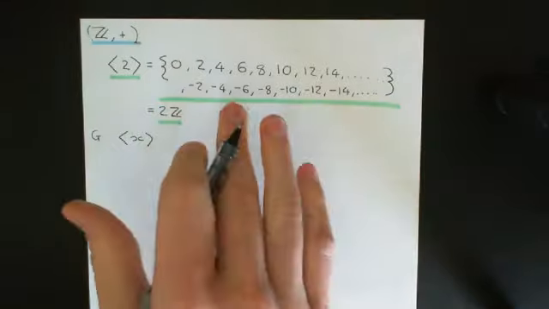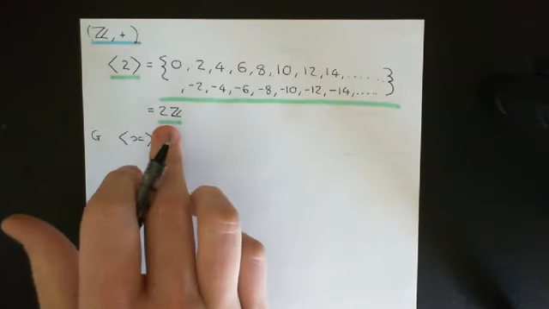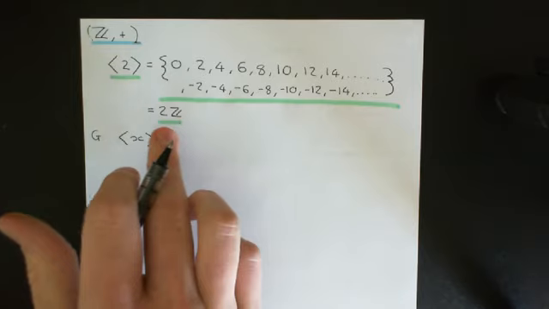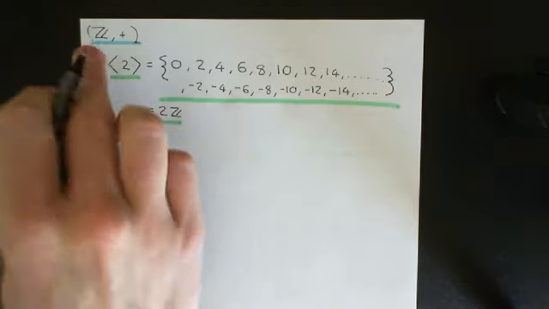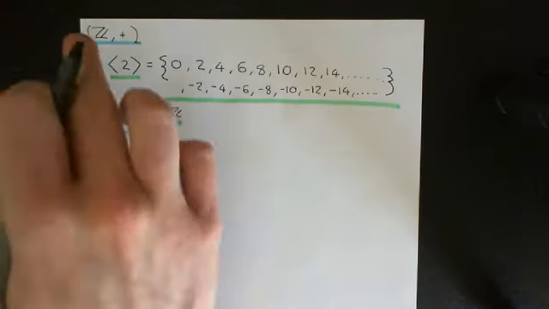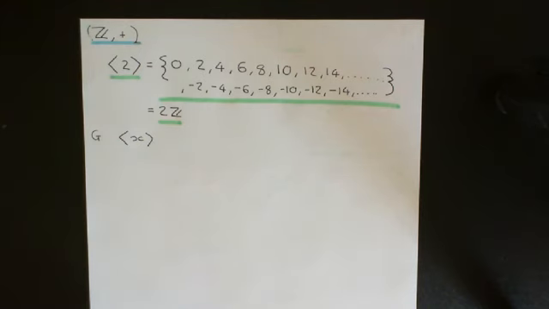Going back to our example, that means that this infinite cyclic subgroup, 2Z, is isomorphic to the group of integers under addition.